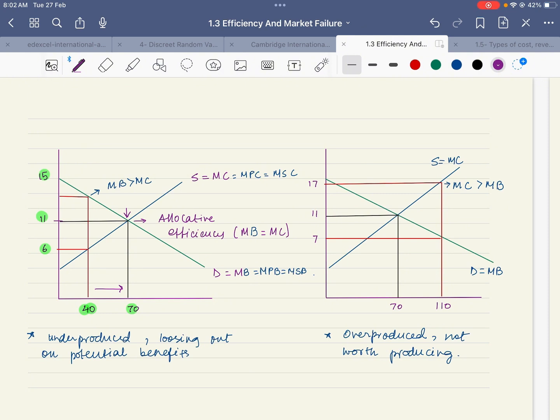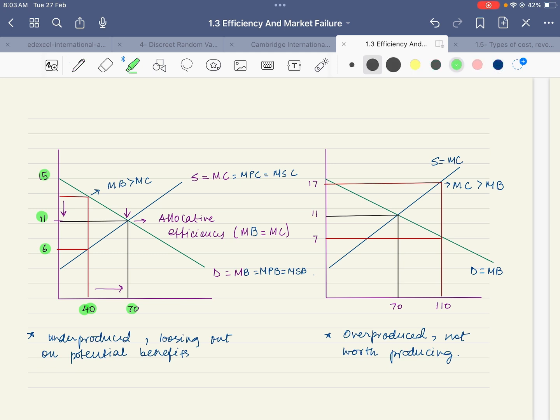So allocative efficiency can be attained only at this point where there is no underproduction or underconsumption. Also, while quantity moves towards the right, the price also comes down. When the price comes down, more people will be able to enjoy the benefits.